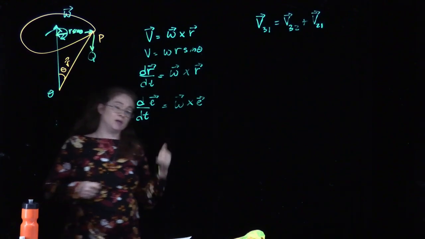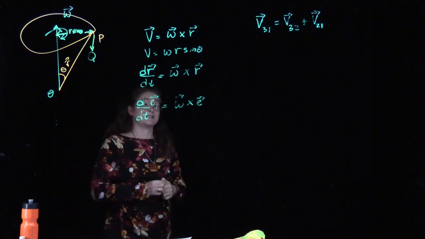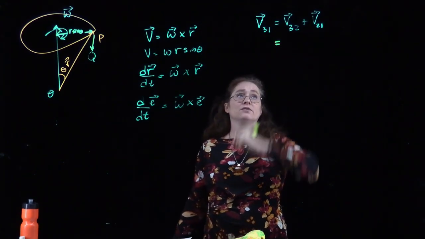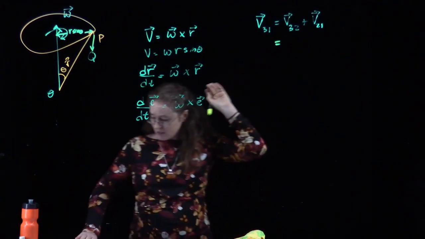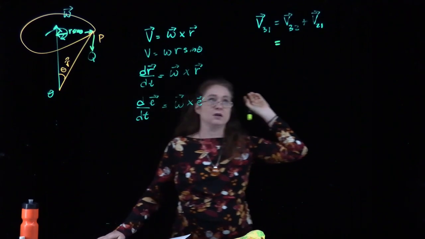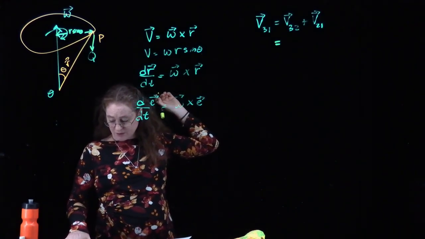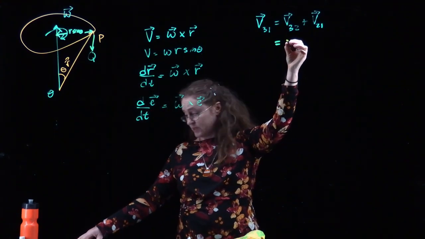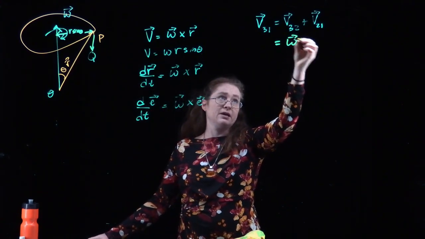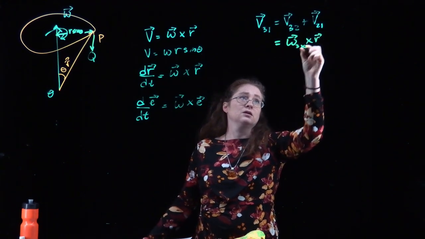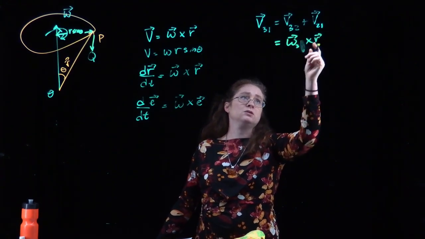And this actually means that the angular velocities add too, because here I can write that the velocity between points 3 and 2 is the omega between 3 and 2 crossed with r.